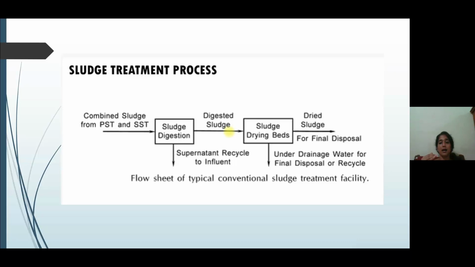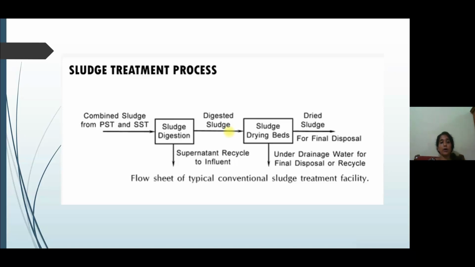The sludge is given to the drying beds, and the dried sludge will be collected for the final disposal, and the dewatered water coming from the sludge will be collected using an underdrainage system and transported to the final disposal or recycle.